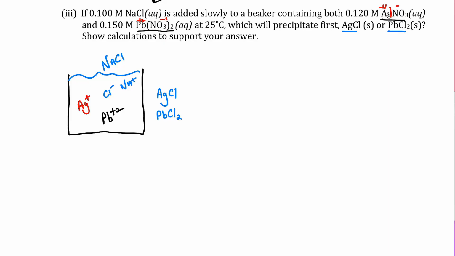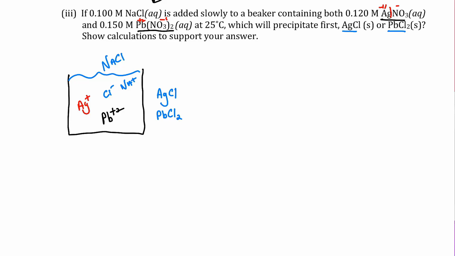Okay, so what we're going to do is, in our previous problem, now they're saying to us we have 0.12 molar silver nitrate and 0.15 molar lead nitrate. So we have the concentrations, and we need to see in the other problem.